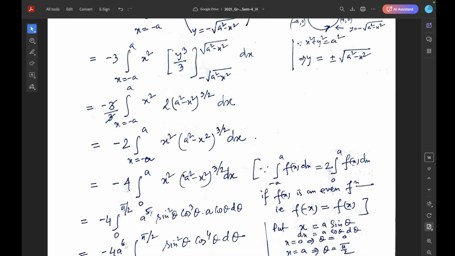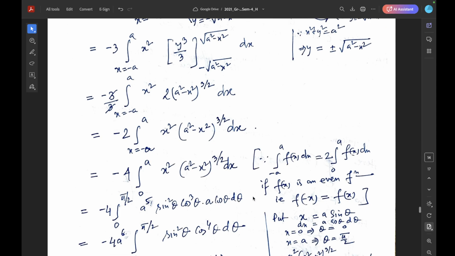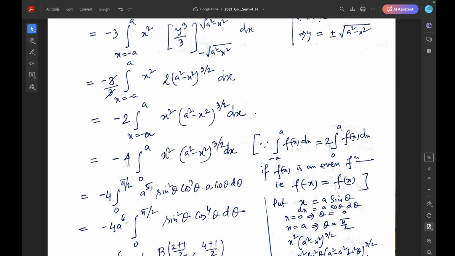Now x from minus a to a is actually 2 into the integration 0 to a, because the integral from minus a to a of f(x) dx equals 2 times the integral from 0 to a of f(x) dx if f(x) is an even function. Here the integrand x square into bracket a square minus x square whole to the power 3 by 2 is also an even function, because if we put x equal to minus x there is no change in the integrand, so we can change the limits to 0 to a.